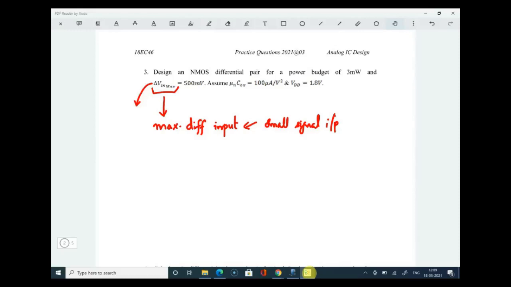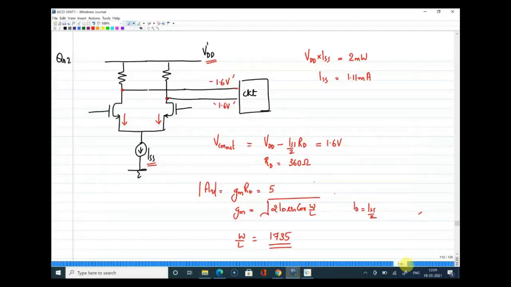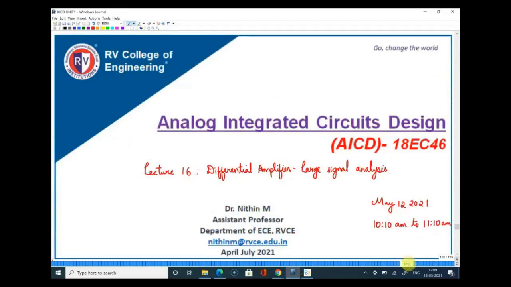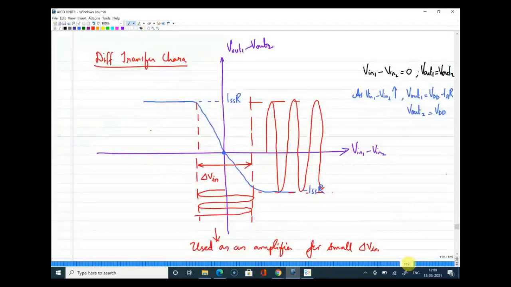We have not done that analysis, but I can show you how to relate this with the large signal analysis. You see, I have marked here as delta V in. When we discuss the differential transfer characteristics, if you look at this transfer characteristic, you can see the linear part of the curve within the red dotted lines what I have marked, right?